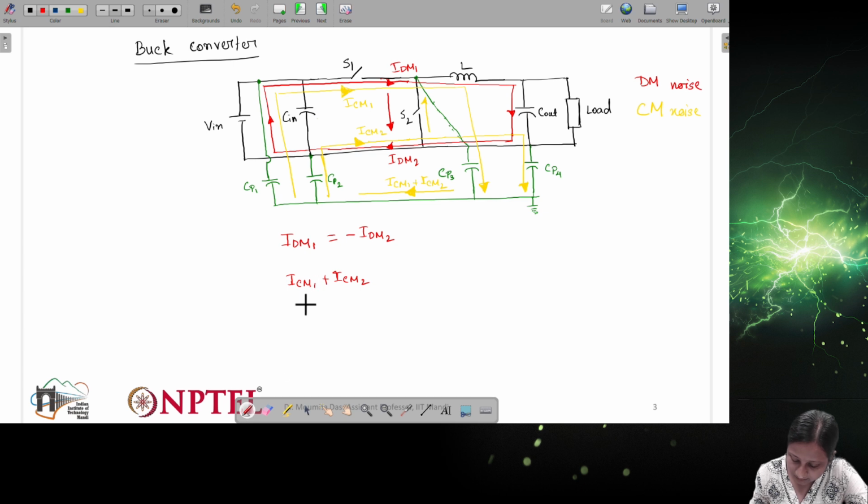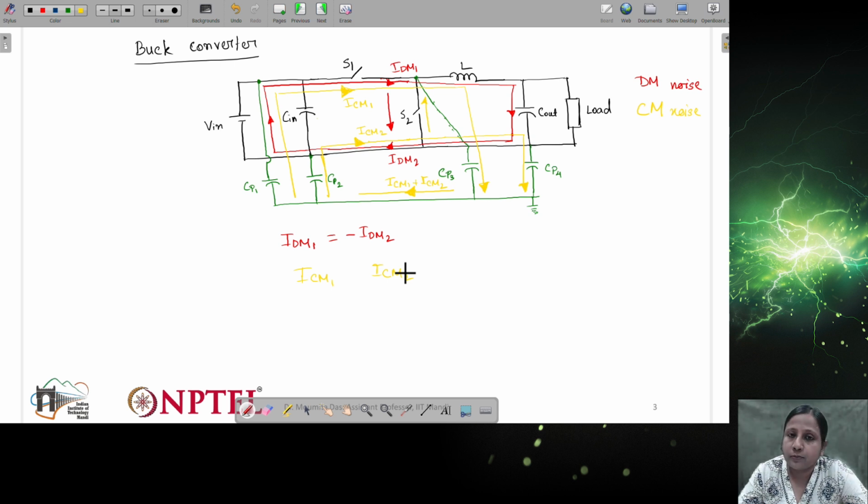If I want to establish the ICM1 and ICM2 relation, it may not be similar. ICM1 and ICM2 may or may not be equal. This relationship depends upon the parasitic capacitance values.